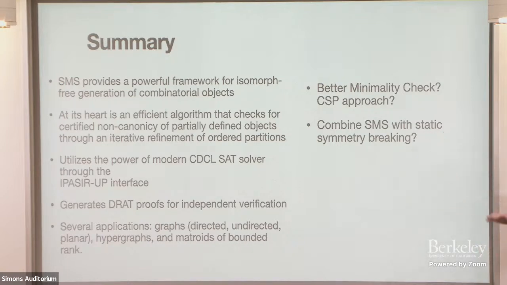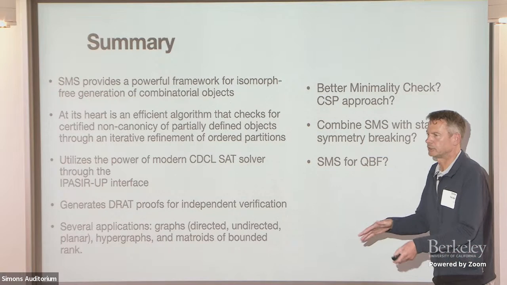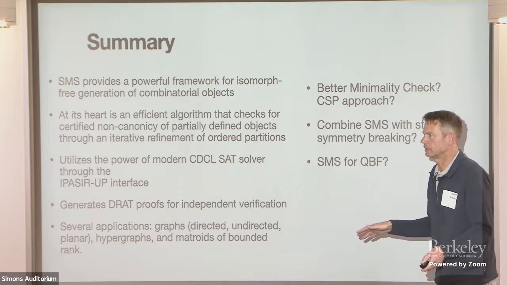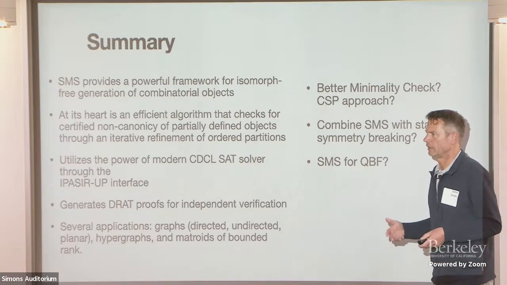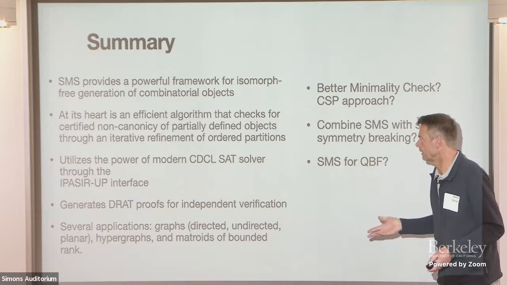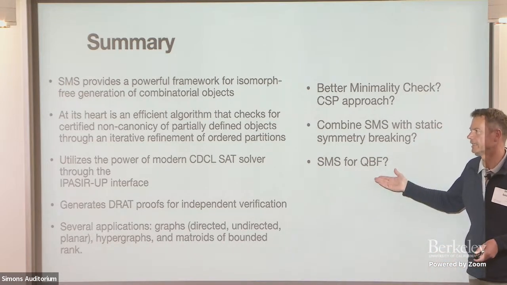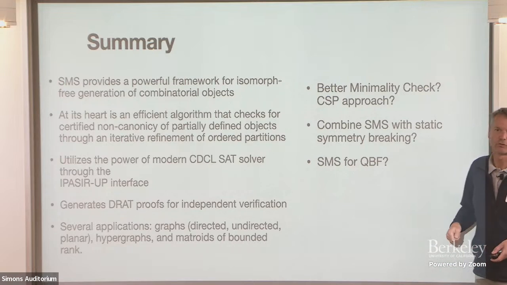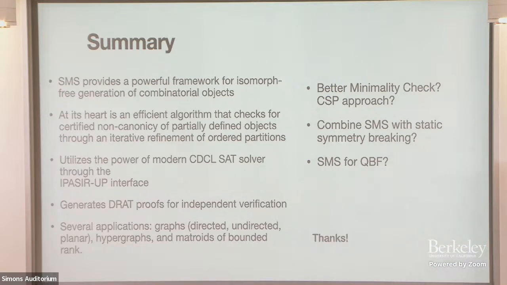Combining SMS with static symmetry breaking, which currently is not working well, but we would like to get this working. And finally, because some of these combinatorial problems you can't formulate just with an existential statement, but it's more like a QBF statement, it would be nice to extend SMS to work also in the context of QBF. Yes, thank you.